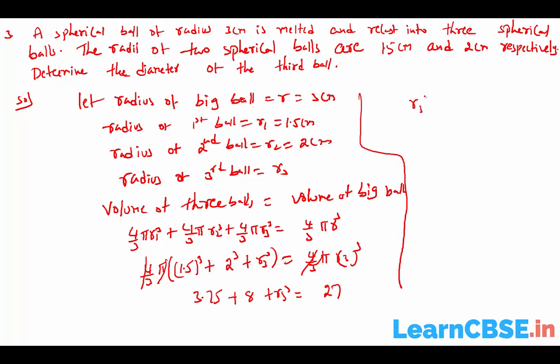Then r3 cube equals 27 minus 8 plus 3.375, 11.375. r3 cube equals, subtracting from 27, 15.625. Then r3 equals the cube root of 15.625.